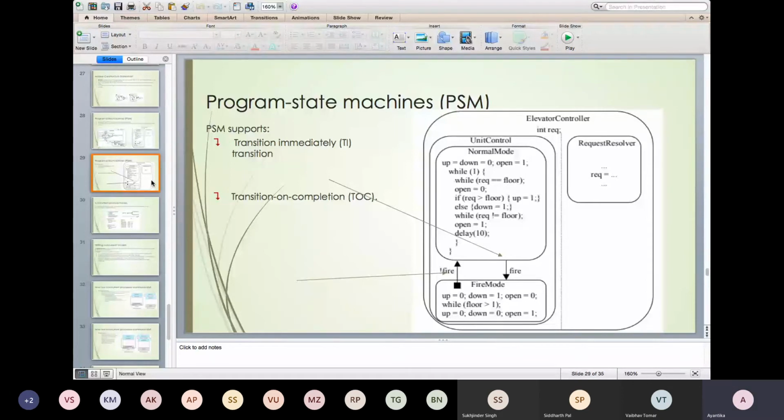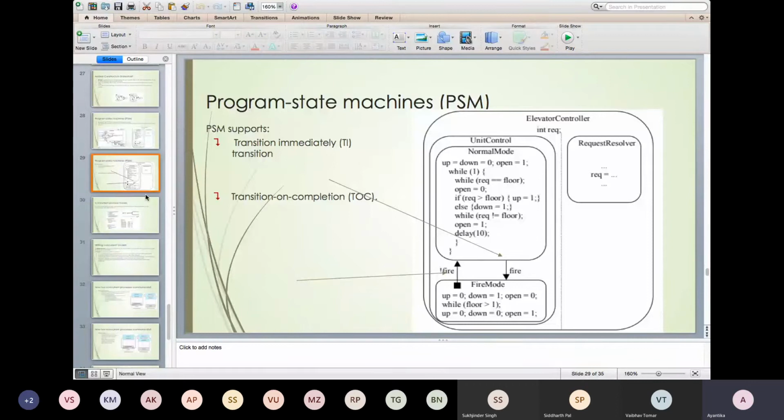That is transition immediately. Based on that type of input, you have to make the transition immediately. But when you are inside this fire mode, that time it is different. Whatever may happen, you have to complete whatever the sequential steps you have inside this fire mode, and then only you can go back to your normal mode.